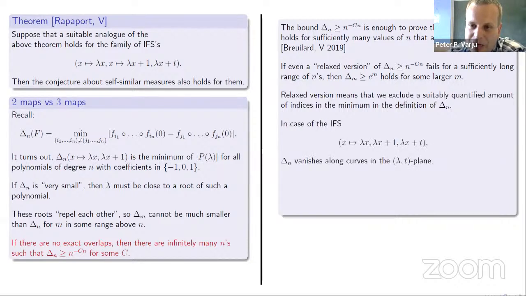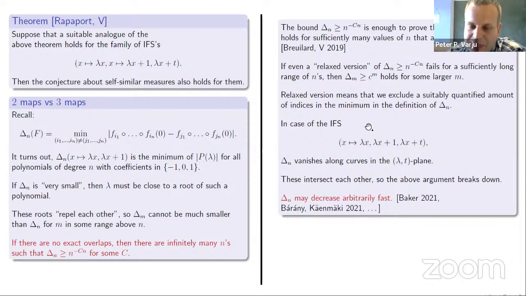So I'm really out of time, so I just want to tell you the punchline. What is the difference with three maps is that previously you had that the delta n vanished along a single point, and you had some distances between these points, and this was crucially used. Here in this case, you have vanishing along curves in the lambda t plane, and these curves will intersect each other, and they don't have distances.